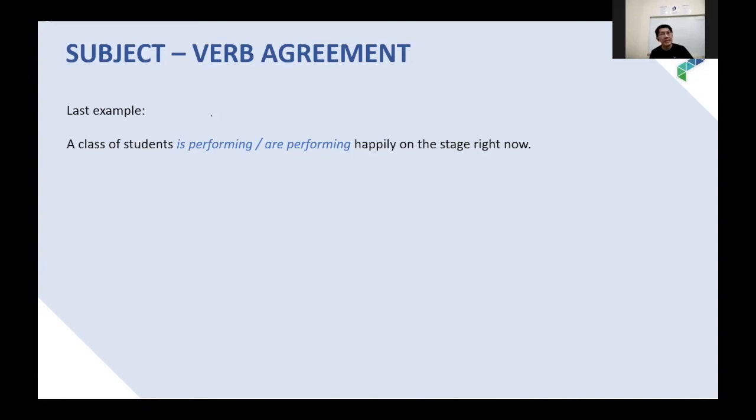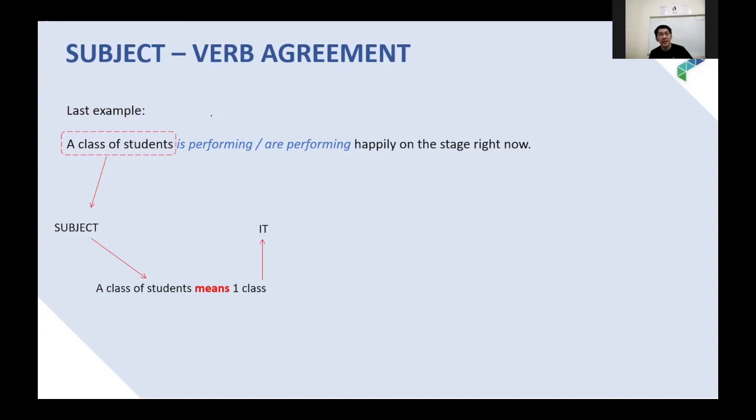So what is the subject? Can you tell me the subject? Yes, a class of students. A class of students. That's the subject. And here it says a class. A class. So just one class. Therefore, we can replace it with it.